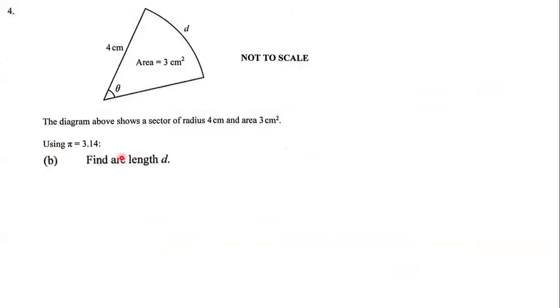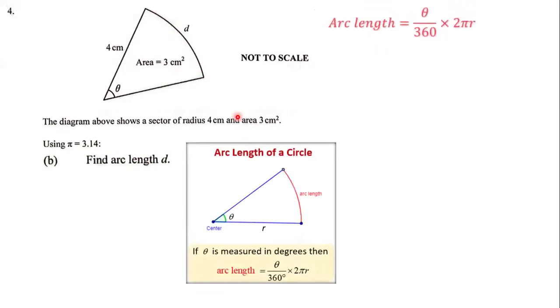Next, we have to find the arc length D. And so this is the arc length right here. And in order to find it, we're going to use this formula. The arc length is equal to theta over 360 multiplied by 2 pi r, where pi is equal to 3.14, r is equal to 4, and theta is equal to 21.5. And so what we're going to do here is divide.